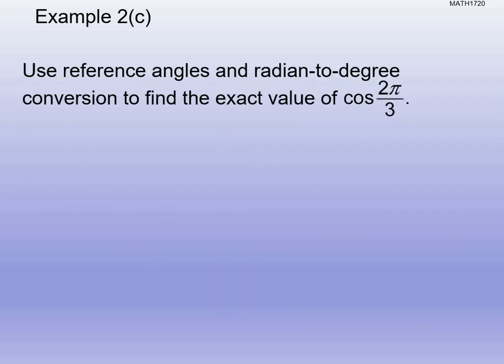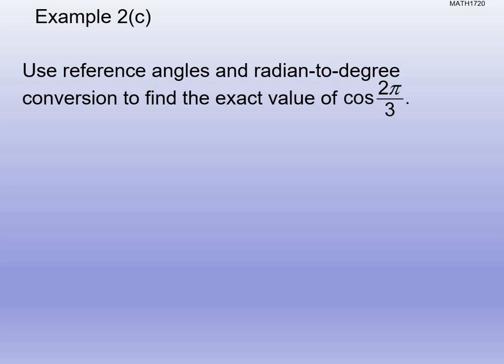Okay. So using reference angles, another thing, we're looking back at what we did in chapter 2. In this case, we want to find what we're going to call the exact value of cosine of 2 pi over 3. So first of all, we have to remember what quadrant that goes into. Something you might want to do is put it in degrees just so that you get a frame of reference.